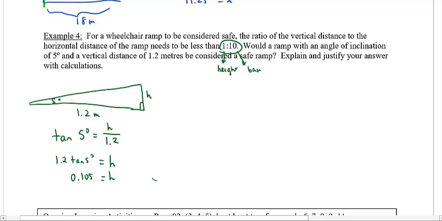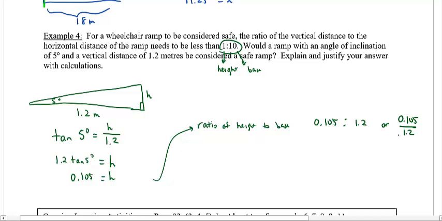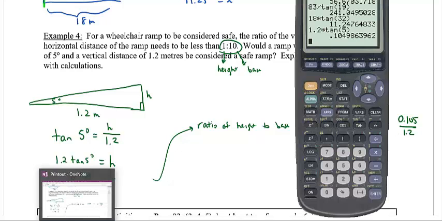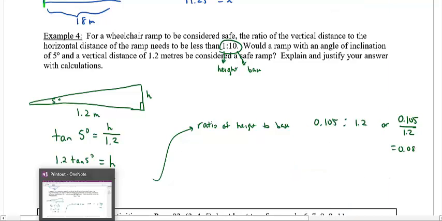Okay, so now the ratio of height to base, in this case, is 0.105 to 1.2, or written as a fraction, 0.105 divided by 1.2. And if I did that on the calculator, 0.105 divided by 1.2, I'll get 0.0875.